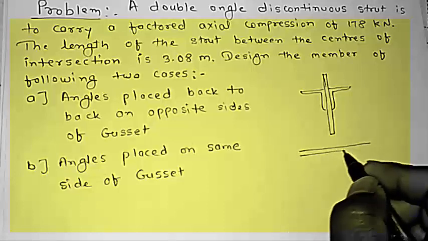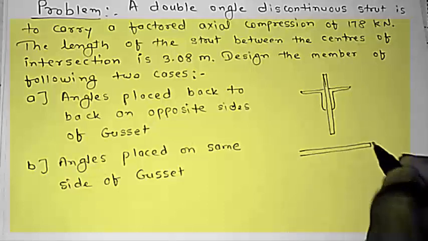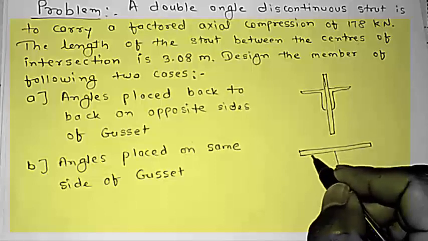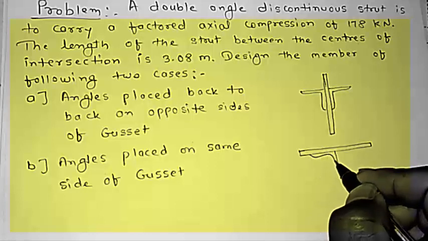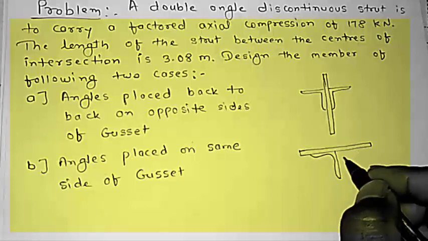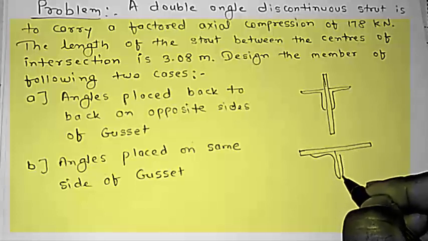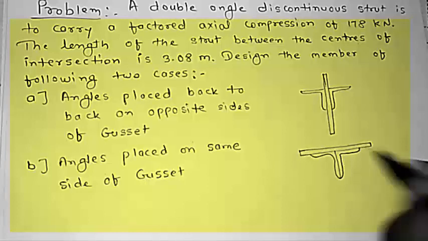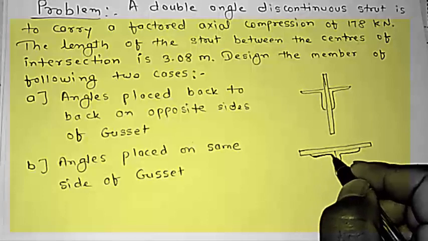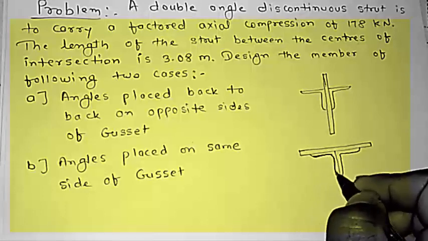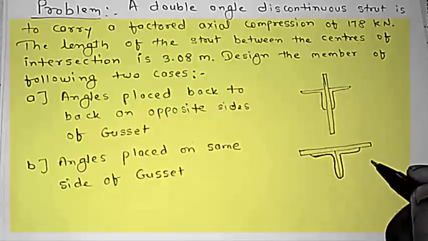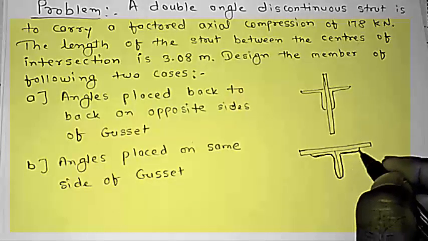This is your gusset plate, and so that's an angle. So they are on the same side.